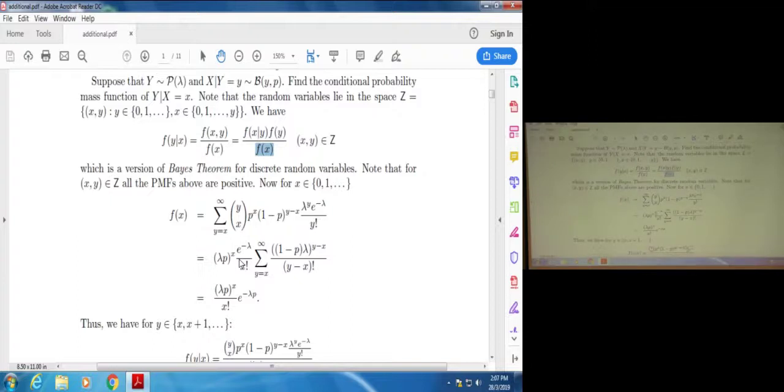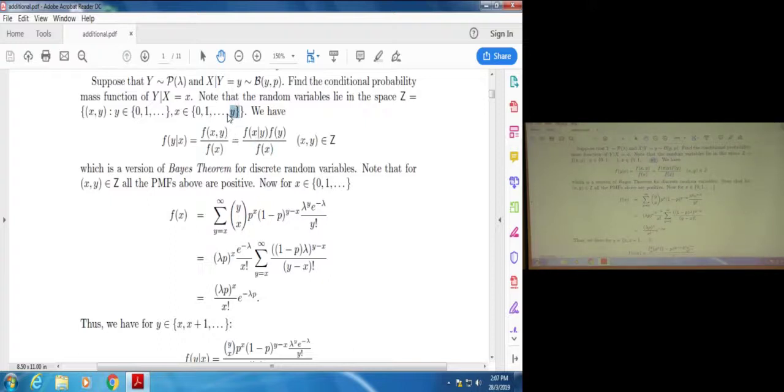So the marginal probability mass function f_X of x, where x is in the set 0, 1, up to infinity, for any fixed x, is equal to the sum over all y's of the joint. In this case, y must be at least the value of x, so the range of the summation must start from x because of this constraint.